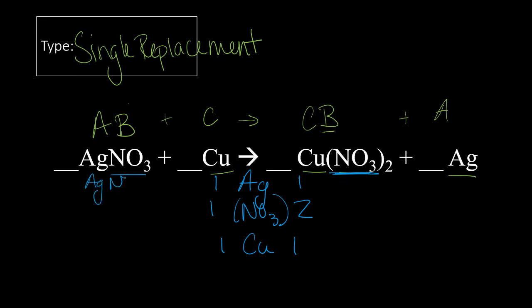If I add another nitrate, I will have 2 silver nitrates. So 2 silvers now and 2 nitrates. So nitrates are now balanced. Copper is still balanced, but I need to fix the silver. Lucky for us, silver is all by itself over here, so I can just add another one for a total of 2 of those guys to match 2.